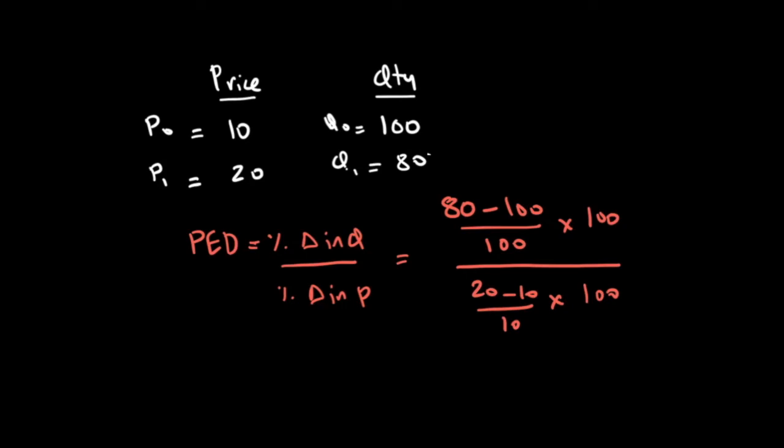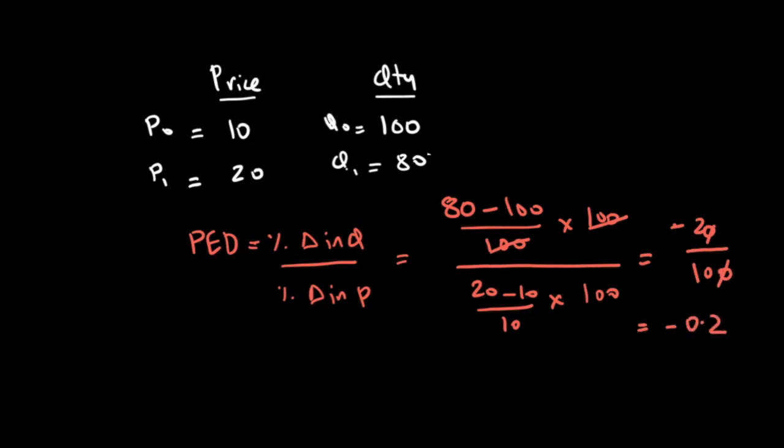In the numerator I have 80 minus 100, which is minus 20, and in the denominator 20 minus 10 is 10 over 10, which is 100. So I'm looking at minus 20 over 100, which is 2 over 10 or 1 over 5, which is equal to minus 0.2.